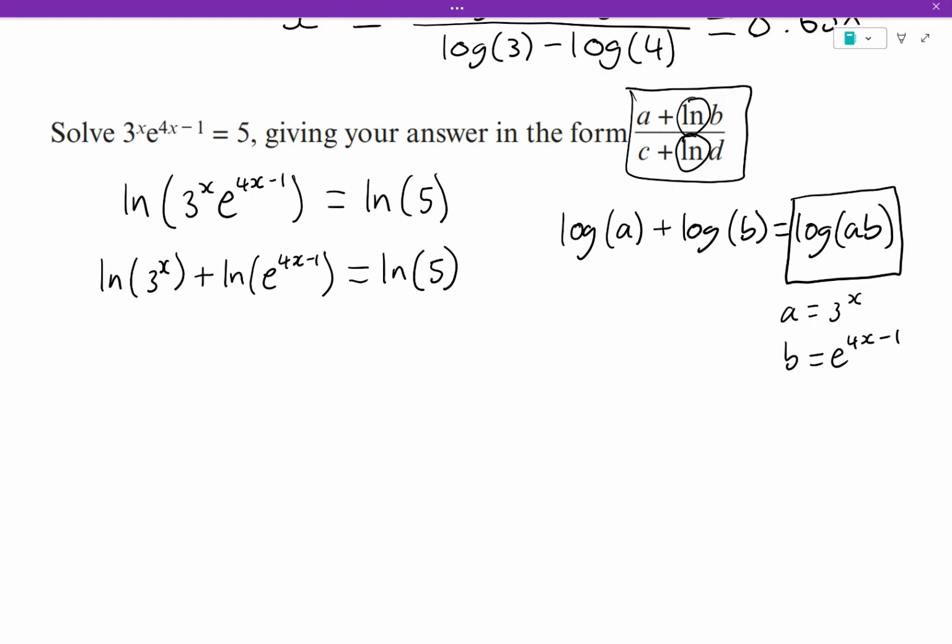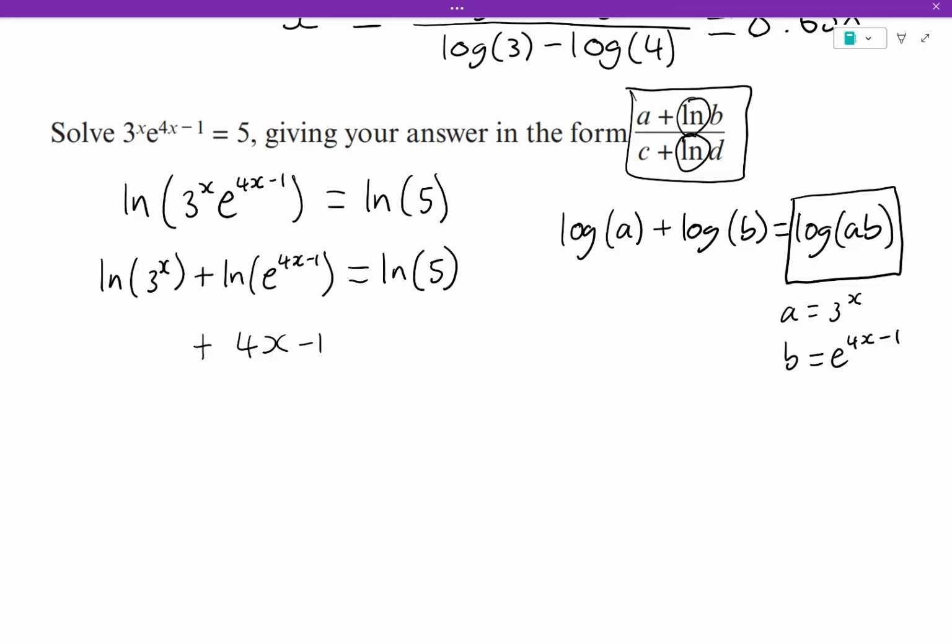Now, thinking about which logarithm we're using here, we've used the natural logarithm. The base of that is e. So the base e will actually just cancel with this e here to leave just 4x subtract 1.